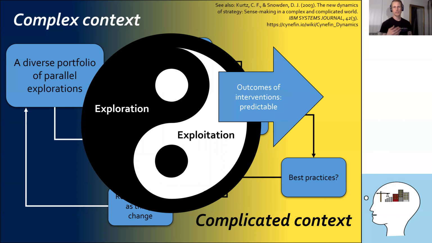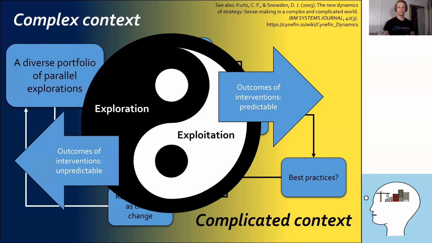And in this complicated context, the outcomes of interventions are quite predictable because you've done it many, many times, and you've figured out what matters for whether it goes wrong or right, and you know all of this. Whereas in the complex context, usually the outcomes of interventions are much more unpredictable.